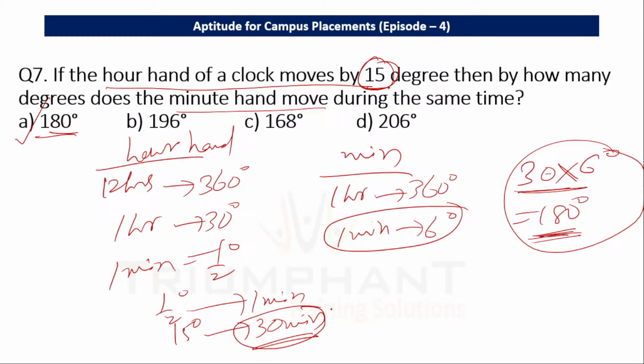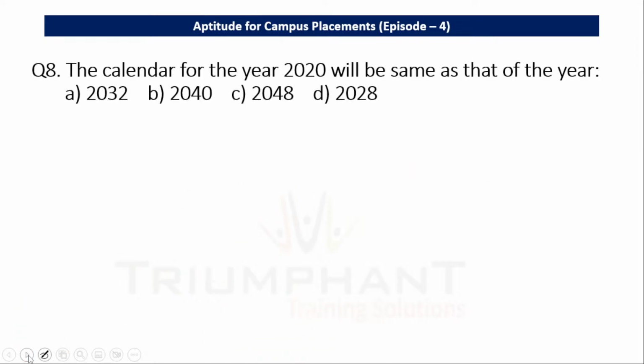If you know the basic concept, it's very simple. You should feel lucky to get these kinds of questions in the exam. You hardly get such simple basic questions. Many option A responses in the chat box. Very good, I appreciate. Here is the next question.